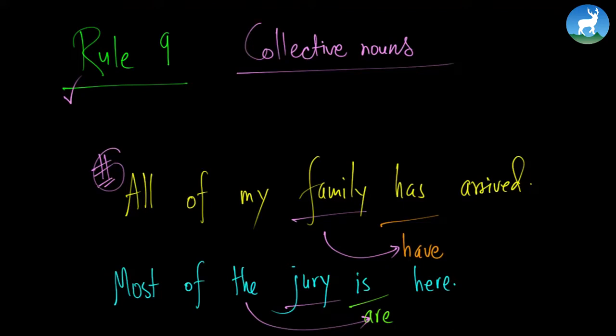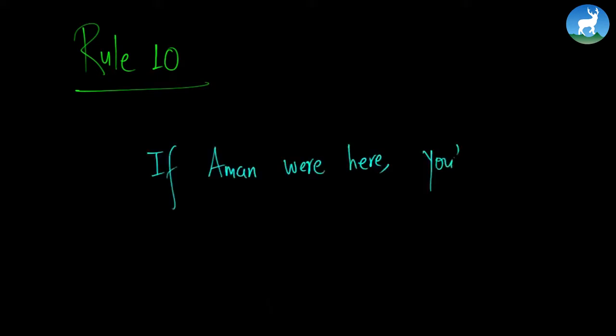Now let's go to the last rule. Rule number 10, the last rule. First, start from the examples. If Aman were here, you would be happy. Does this sentence sound correct to you? So the word were replaces was in sentences whose expressions are contrary to the fact.